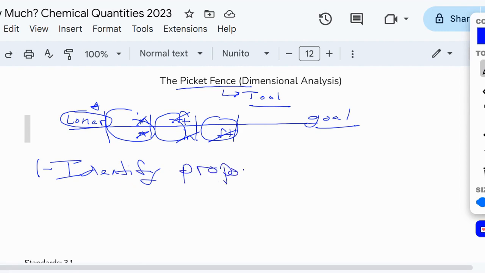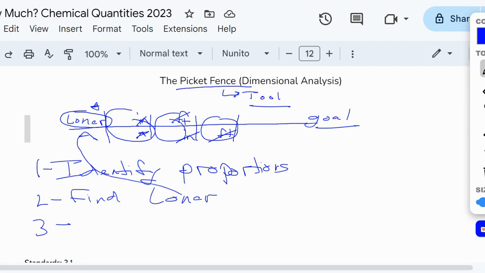So know what you have. Step number two, find the loner, the number that's not part of a proportion, and then you start right there.